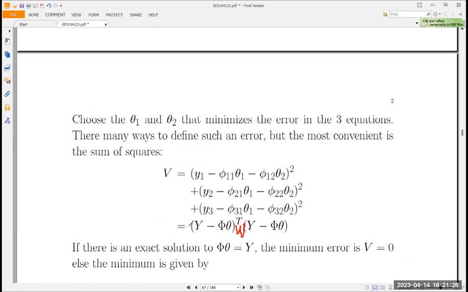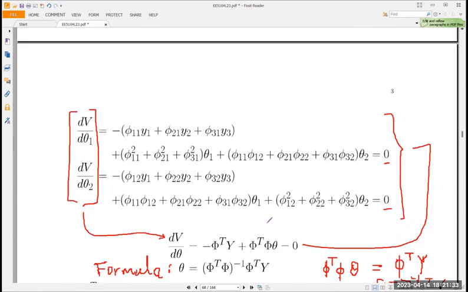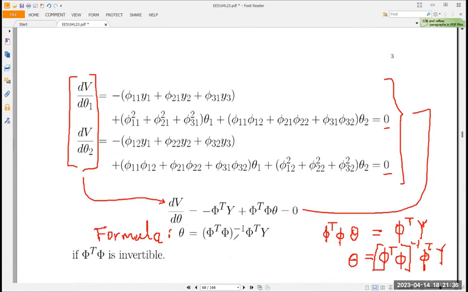We have a V, which is y minus phi theta transpose times y minus phi theta, as I taught you in the introduction.